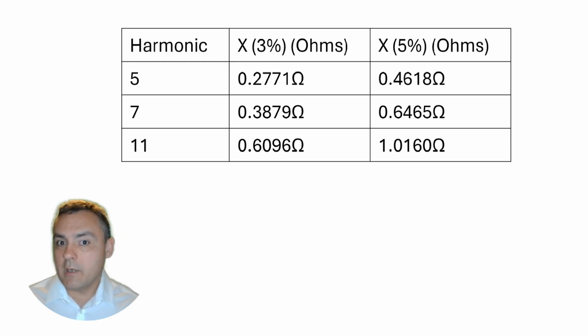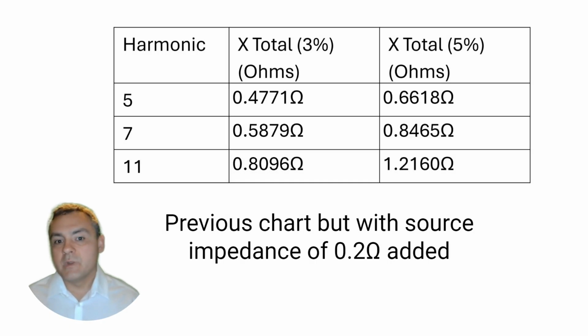I put them in this chart and also calculate the reactances for the 5% reactor. We said the source impedance was 0.2 ohms, so we will add that to the individual harmonics impedances respectively.